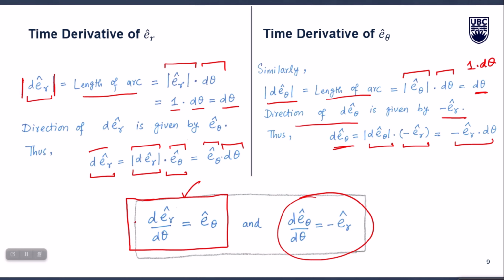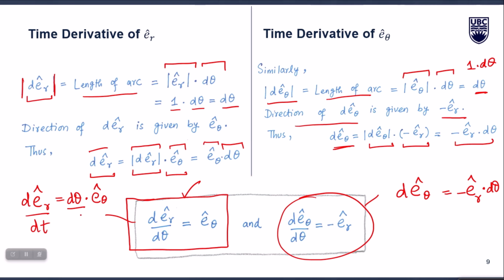I can simply write dE sub r is equal to d theta times E theta, and this expression I can simply write as dE sub theta, the unit vector change in the E theta, is equal to minus E sub r times d theta, right? And I can divide by dt on both sides, here also and here also, right? So I divided by dt on both sides for both expressions.